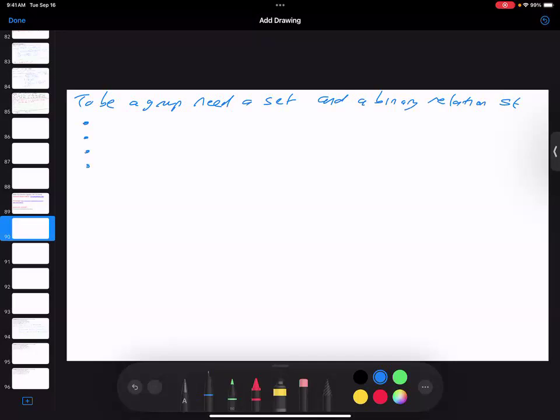So what was the first thing? There needs to be an element that's identity. So we need an identity. There exists an E in the group G such that for any g in G, E times g is g times E is g.